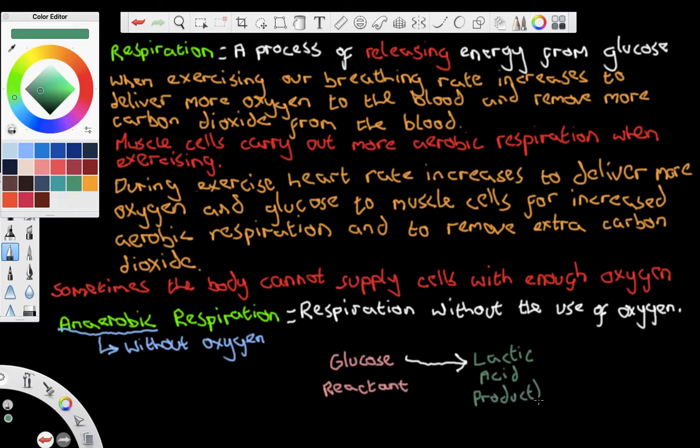When glucose is broken down into lactic acid, we also get a small amount of energy. So plus a little energy.